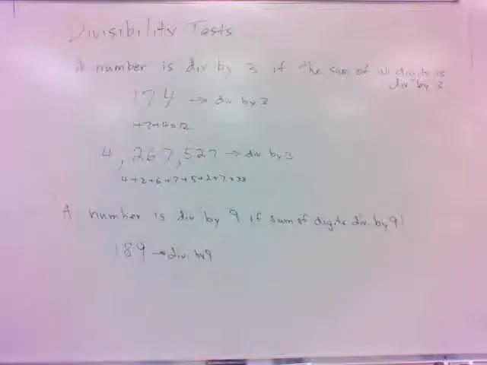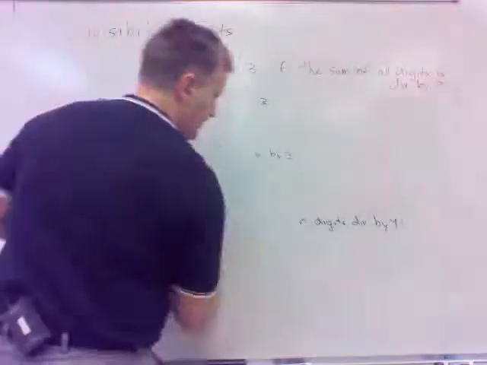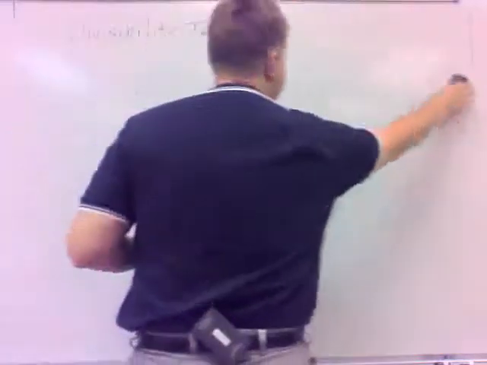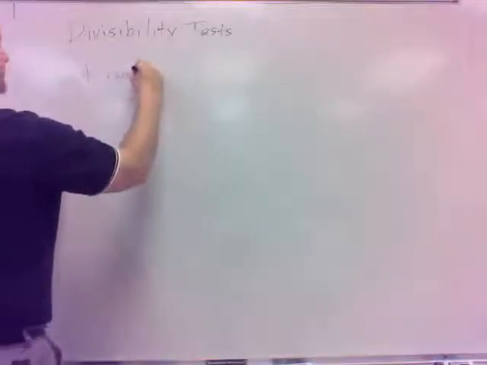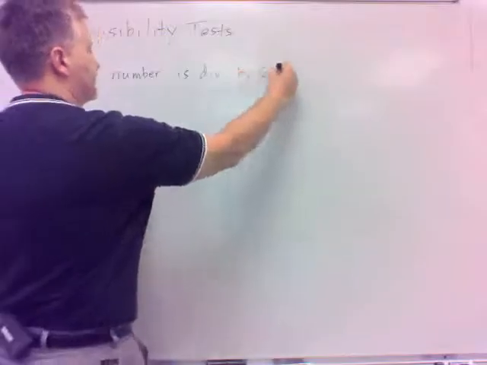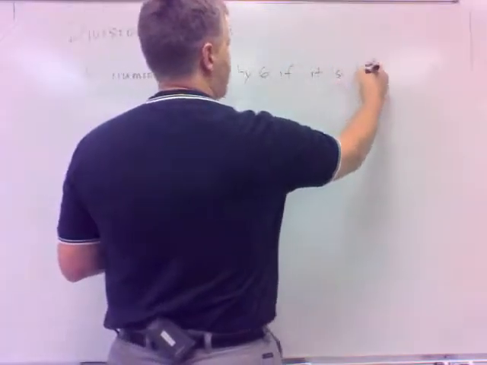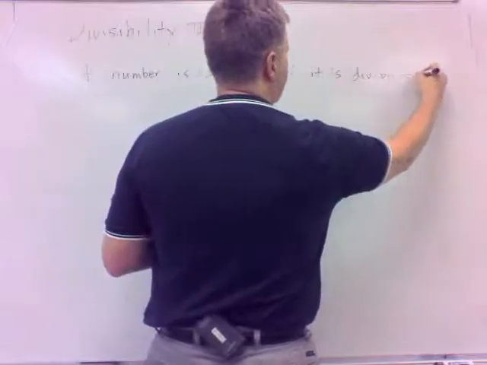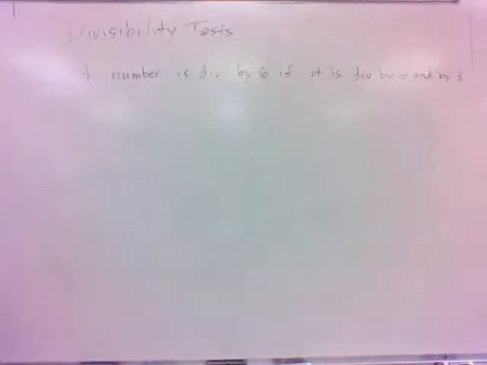All right. Now, I grouped 6 and 12 there at the bottom because actually those two are combinations of some tests. A number is divisible by 6 if it is divisible by 2 and 3. So it's a combination of the 2 test and the 3 test.